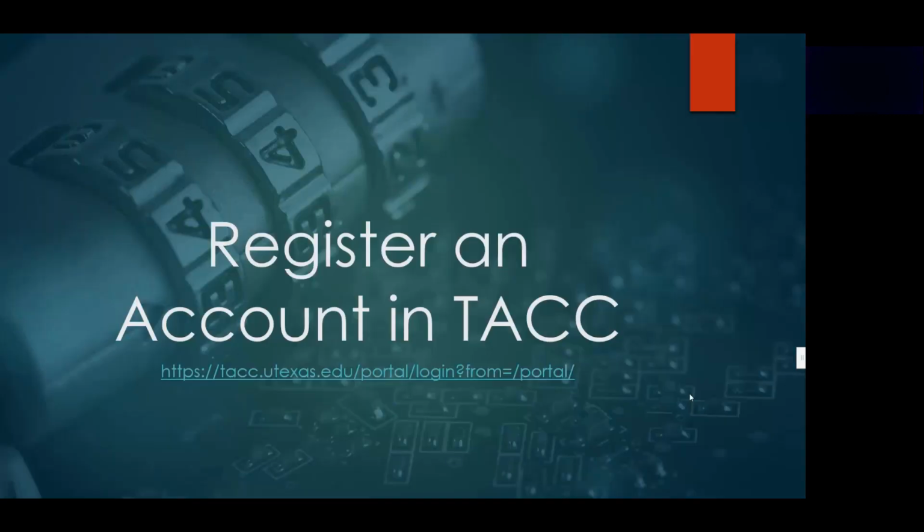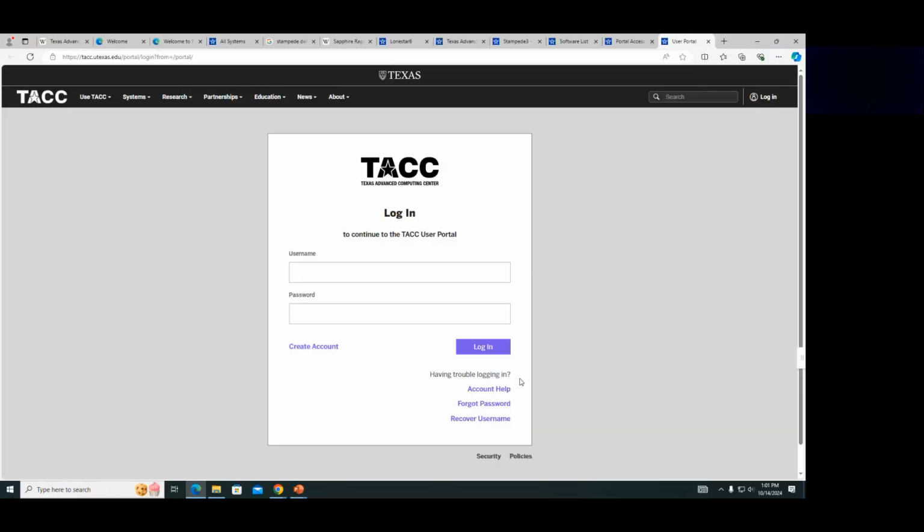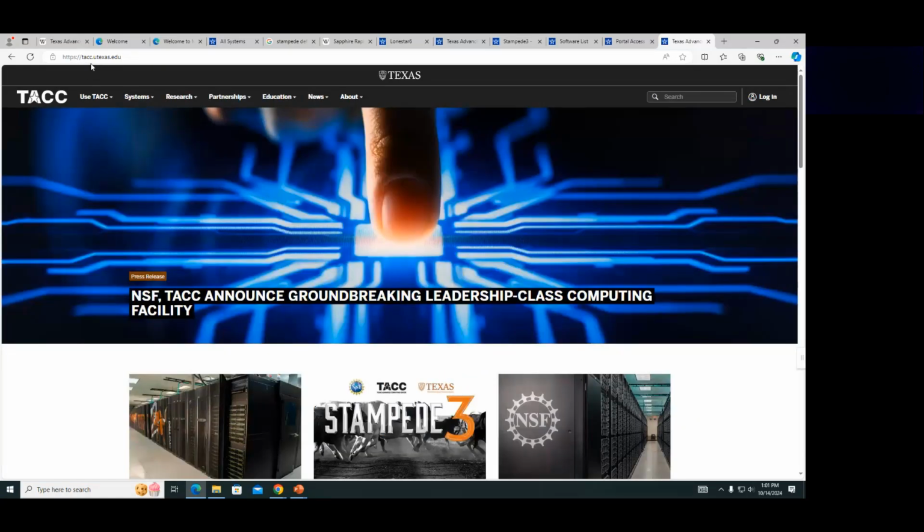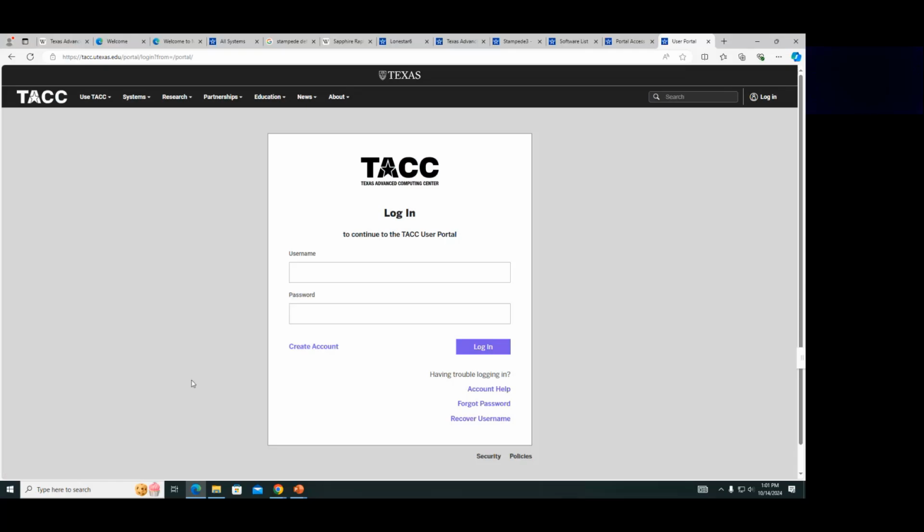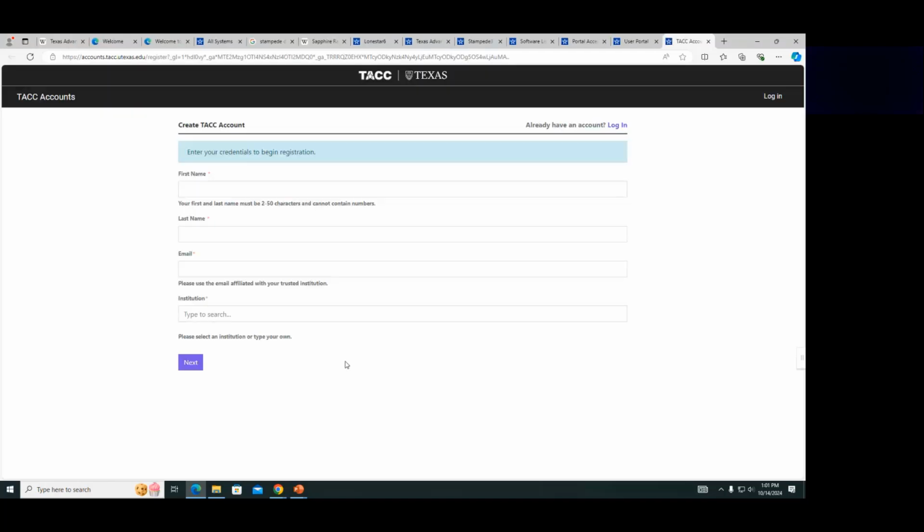Okay, for the rest of the time, let's register. Log into here. Log into, you see here, TACC. And then go to user portal. Everyone get into here? Okay, underneath here, create account. Put in your name and email.